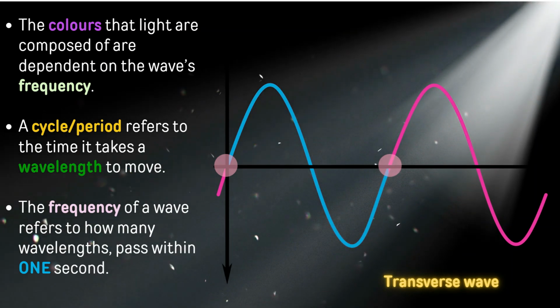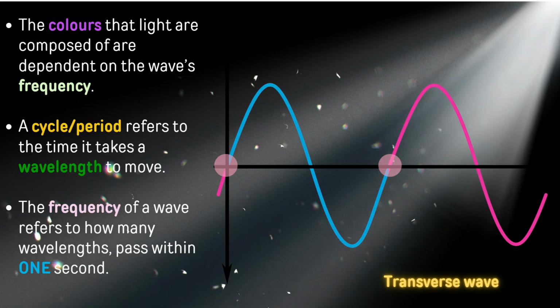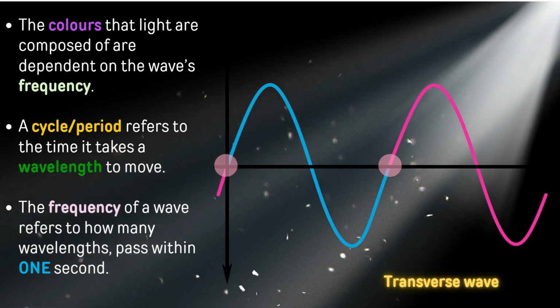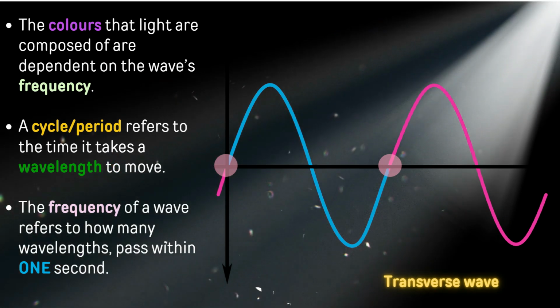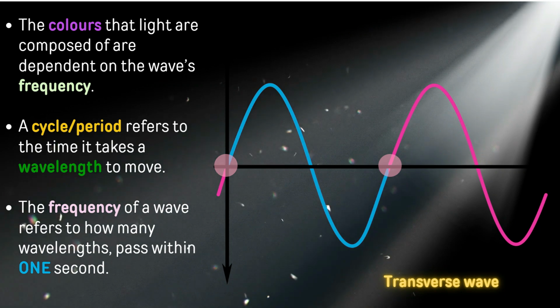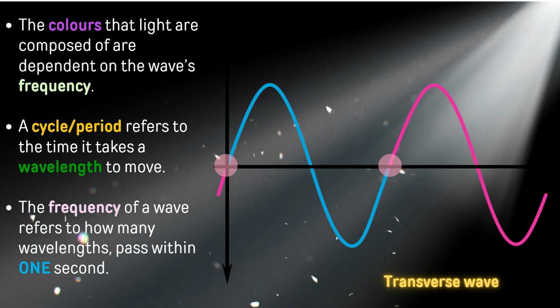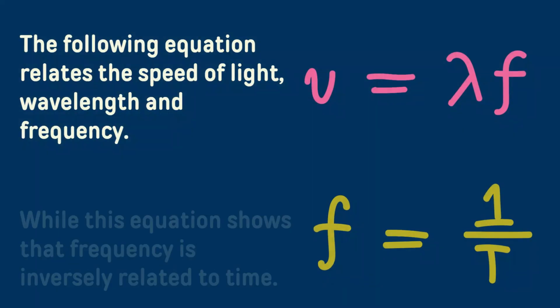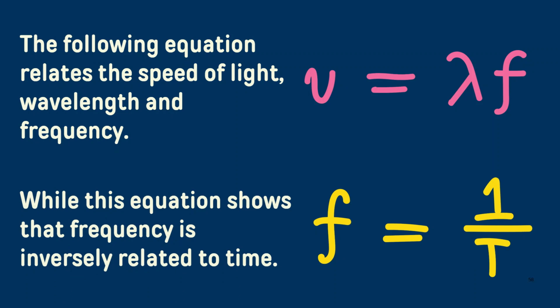A cycle or period refers to the time it takes a wavelength to move. The frequency of a wave refers to how many wavelengths pass within 1 second. The following equation relates the speed of light, wavelength, and frequency.